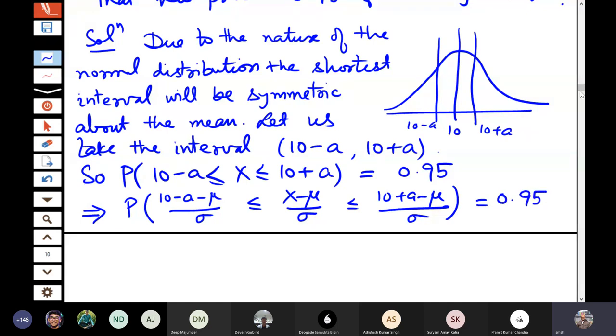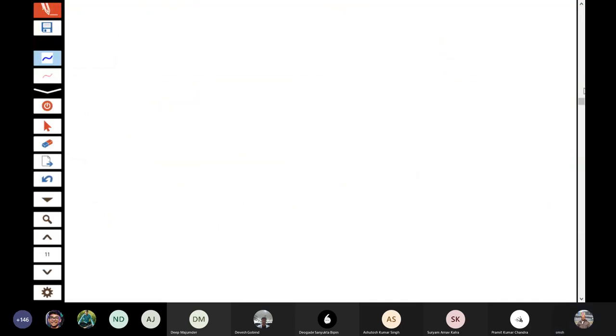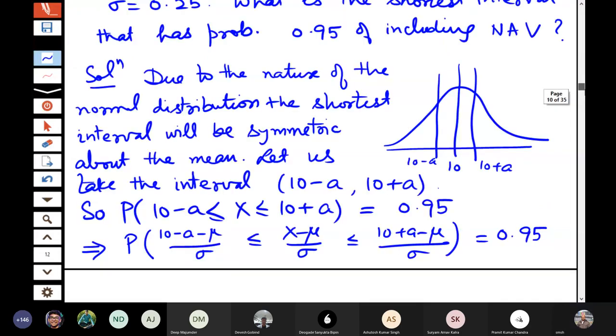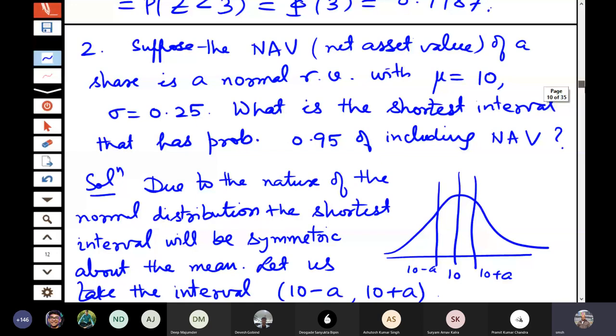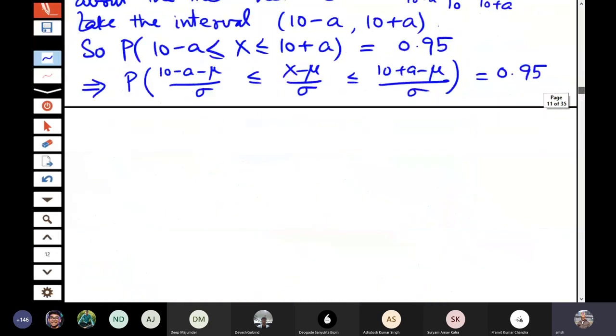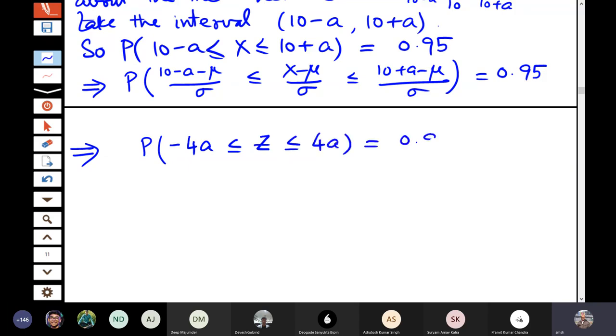Here in this distribution, mu is 10 and sigma is 0.25. So let us substitute that here. If I put mu equal to 10, then this gets cancelled out and you get probability minus 4a less than or equal to z less than or equal to 4a equal to 0.95.